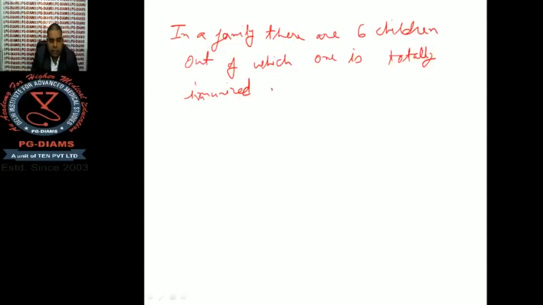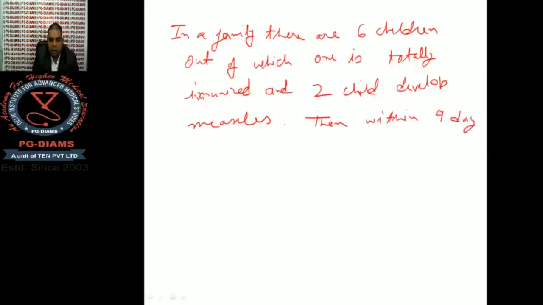And 2 children develop measles. Okay, then within 4 days one more child develops measles.